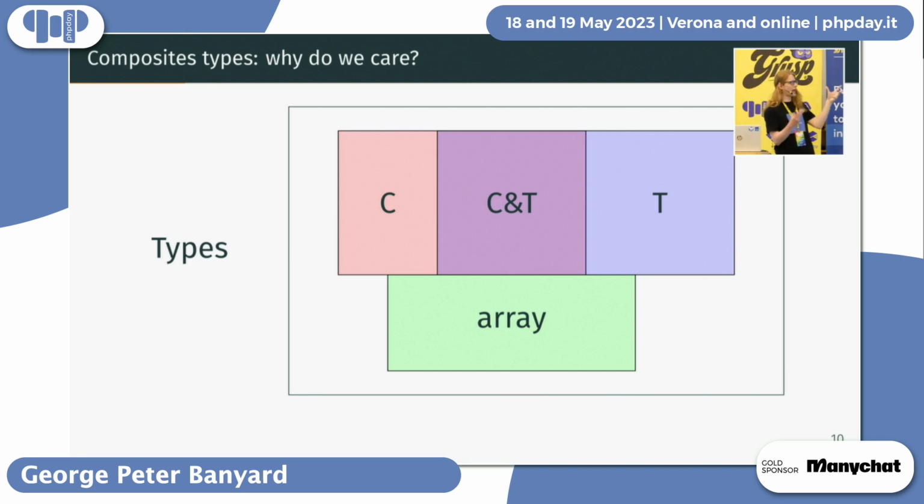So why do we actually care about composite types? We have our whole type universe, and within it we will have type C, which is a shorthand for Countable. We will have T for Traversable. We will have the intersection of both of these types, and then I also add array, because array is somewhat close.